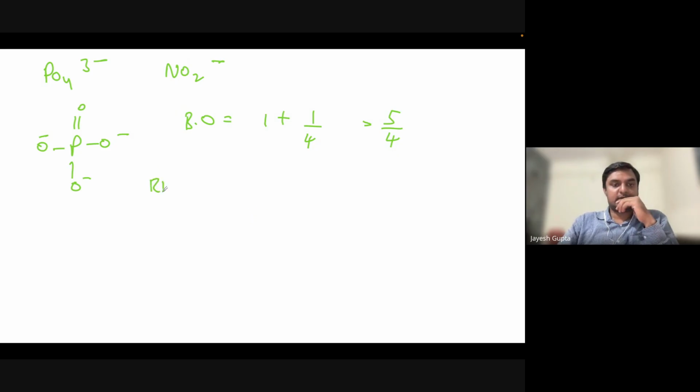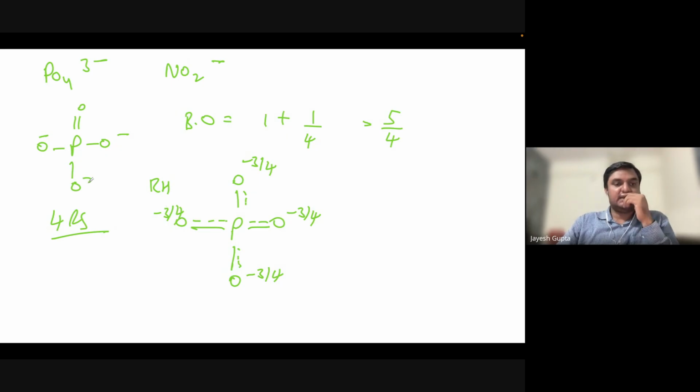And if I talk about resonance hybrid, this will become like this one. Partial double bond character is coming. So here you will have minus 3 by 4. Here you will have 4 resonating structures, one this one and the others from the other 3 oxygen atoms. So you'll be getting PO4 3 minus.